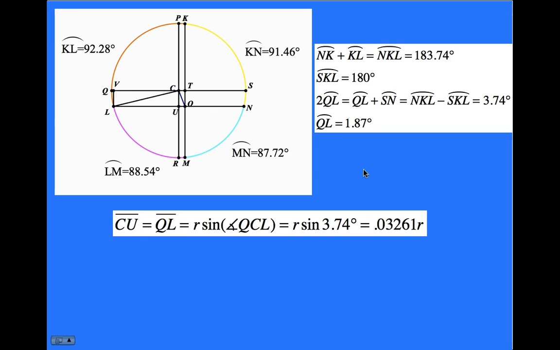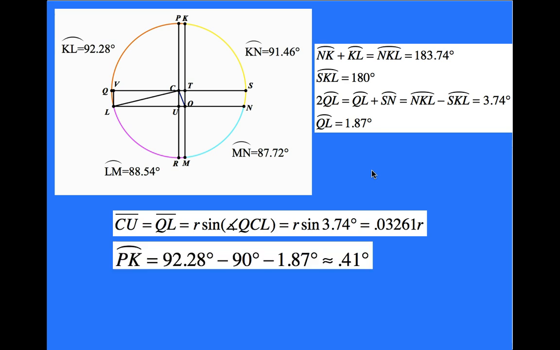Now they actually get to invent trigonometry, the sine tables, to do this calculation. Now they also know that PK, 92.28, minus 90, which is PQ, minus the 1.87 I just figured out, is a 41 degree arc.